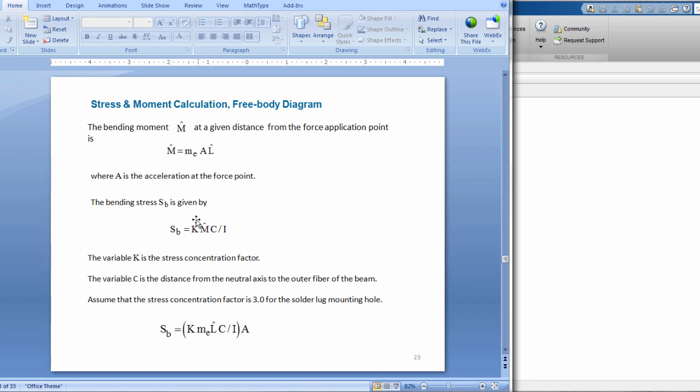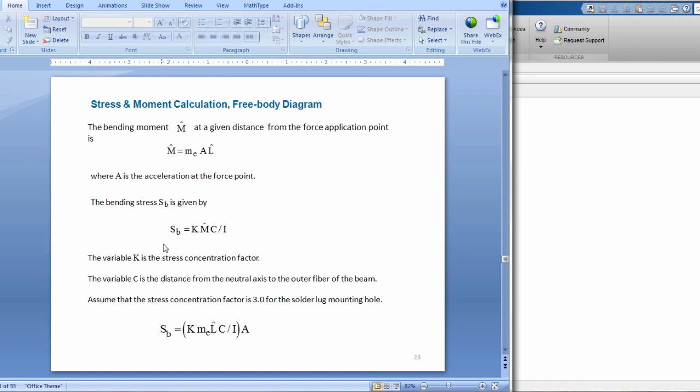And the bending stress is then going to be equal to K, the stress concentration factor, times M hat. Excuse me, I started to say M hat was the effective mass. That's not true. M hat is the resulting moment from the effective mass times acceleration times its length.